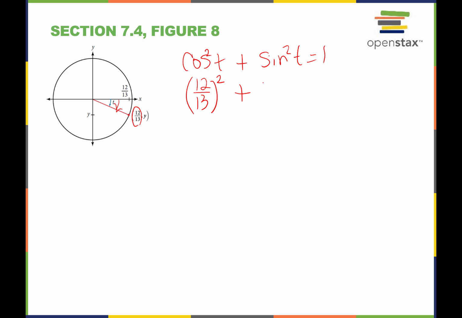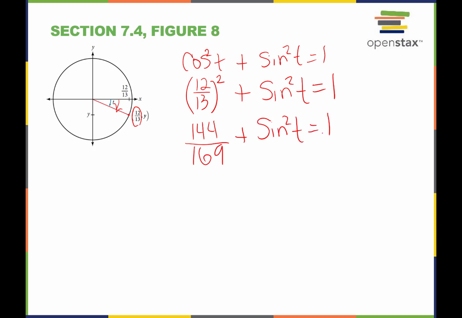So I have, if we finish up that equation, 12 squared over 13 squared is going to be 144 over 169 plus sine squared t is equal to 1. Now I'm going to subtract 144 over 169 from both sides. So I have sine squared t is equal to 1 minus 144 over 169.